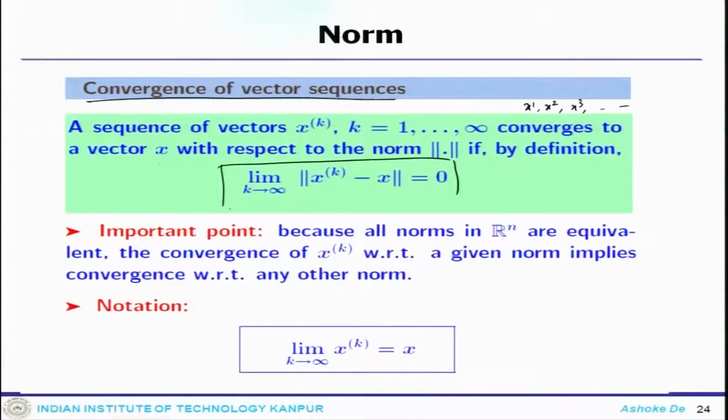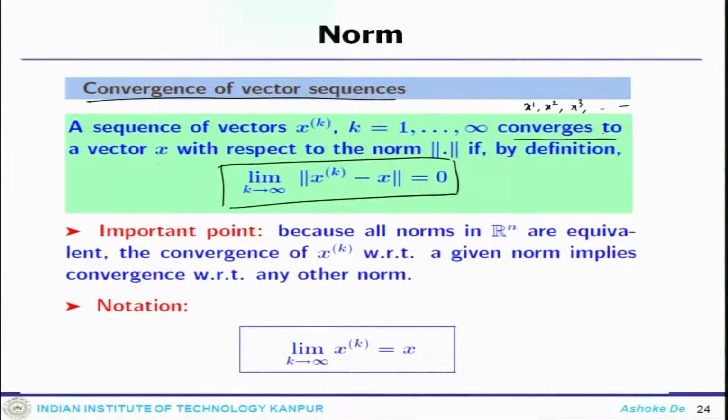That means, in the limit, this becomes 0. That is how you find the convergence of a sequence of vectors.